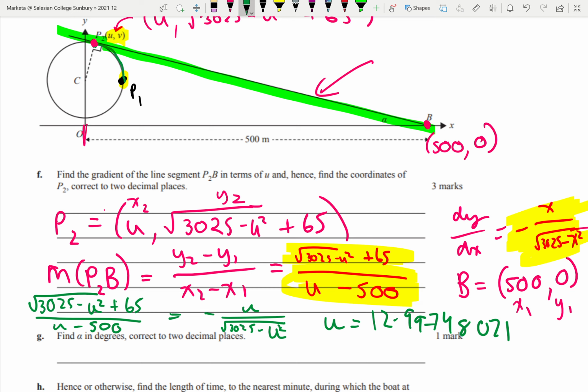So v is going to be my y value. So I will say v equals, so I'm subbing it into my y function there. Let's do that.